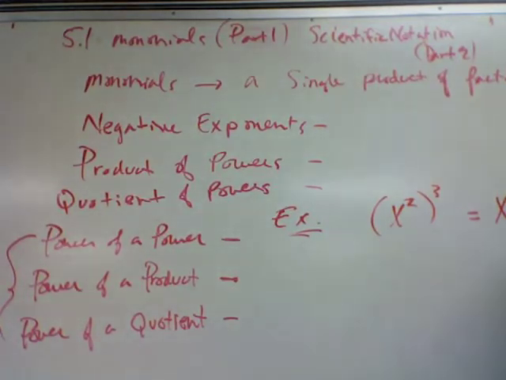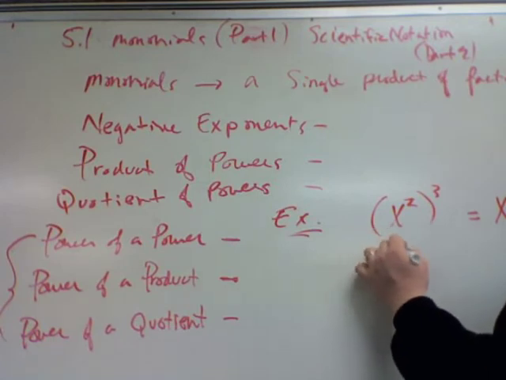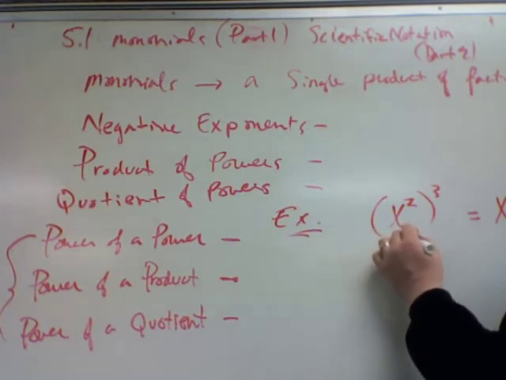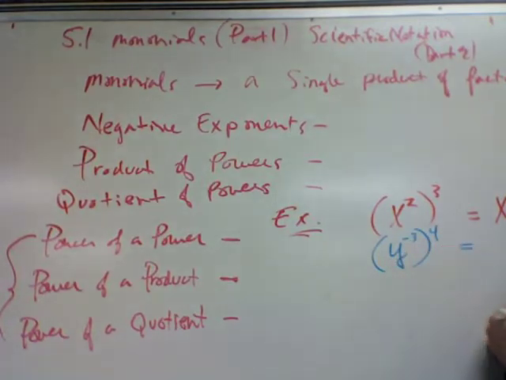If I had y to the negative 3, to the 4th power, I still multiply. I still get y to the negative 12th, which if I need to simplify, would be 1 over y to the 12th. So that's the idea of power of a power.